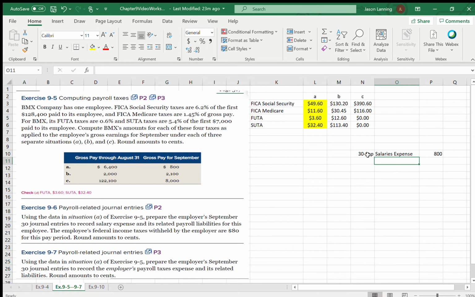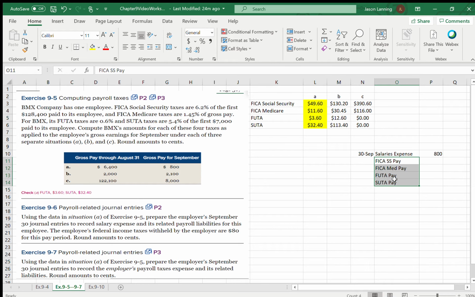Now, the other parts of this, these deductions that were taken out, are going to be payable for the employer until such time as they pay them. So really, we will have a FICA Social Security payable. We will have a FICA Medicare payable. We'll have a FUTA payable. And we'll have a SUTA payable.